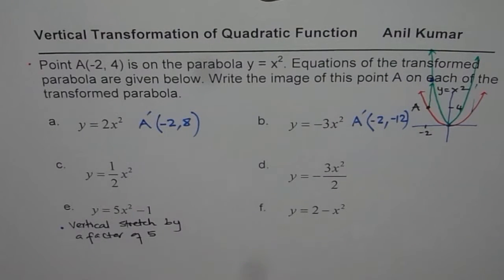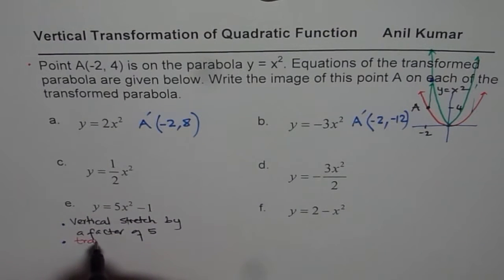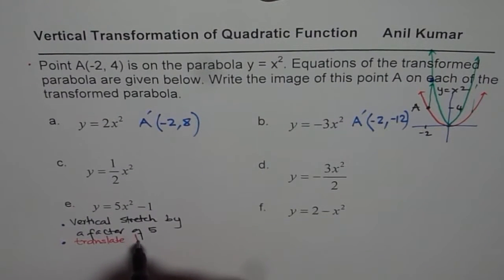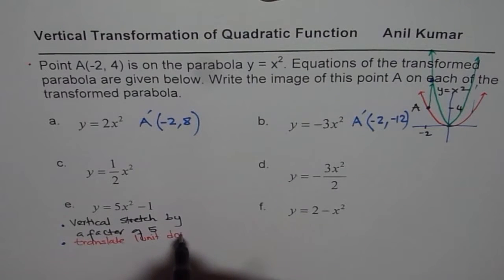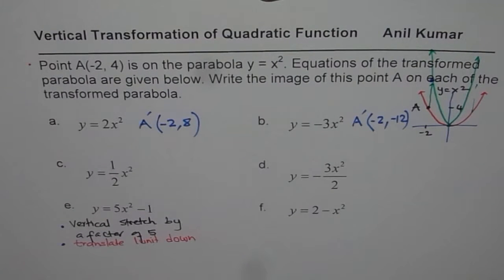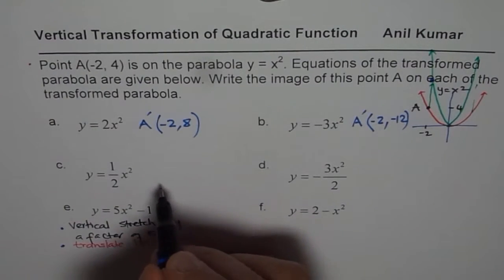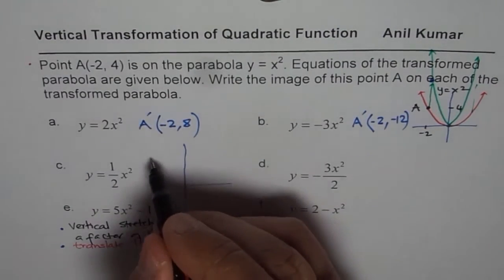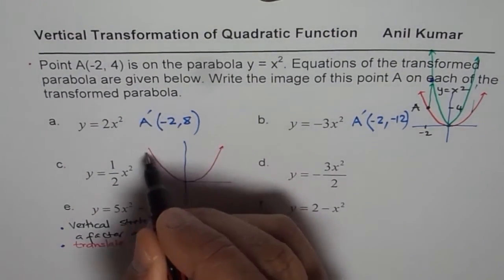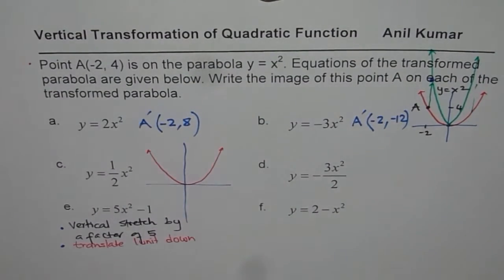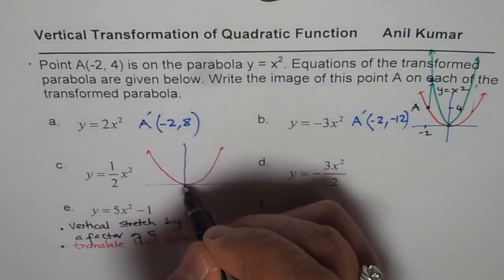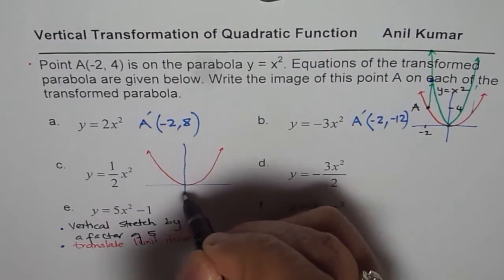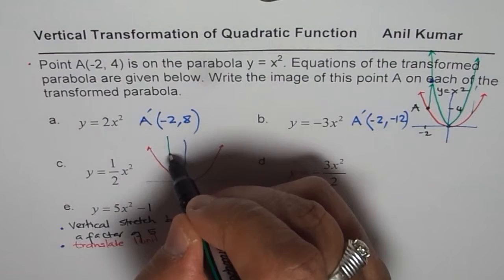So the second one here is translate 1 unit down, right? Now, let me sketch this graph roughly for you. If we have the original graph, then stretch by a factor of 5 will make it narrower, and minus 1 moves it down 1 unit. So the graph will be kind of like this.